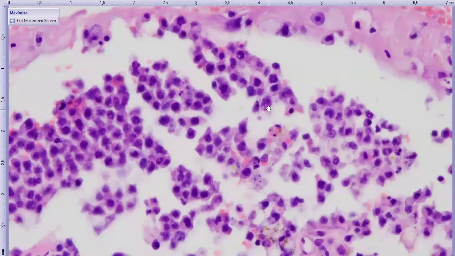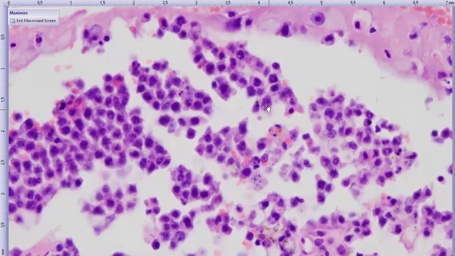I'm not going to take the time to show them to you. There were decent internal positive controls for all of those, but most of these cells did not label with either one convincingly. There were a few scattered cells, particularly up against the choroid, that had some nice, crisp, membranous immunolabeling for CD3. So we concluded that this was a CD3 lymphoma.